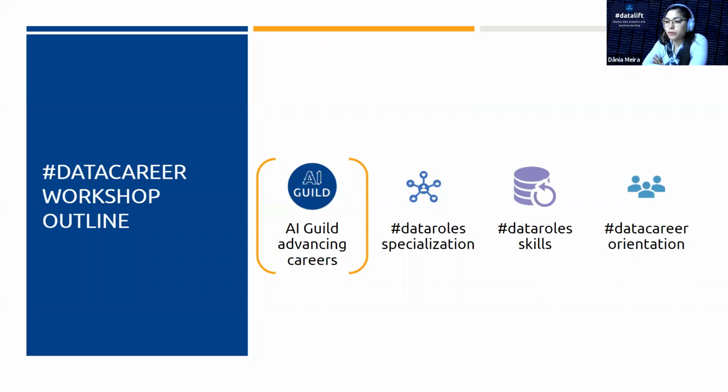Then we move on to the core part of the webinar, the difference between being an analyst, a scientist, or an engineer, and what the skills are for each of those specialized roles. In that, you will hear from Tereza's experience and the difference between the different positions she already mentioned she worked in. And finally, we will wrap up with some orientation.